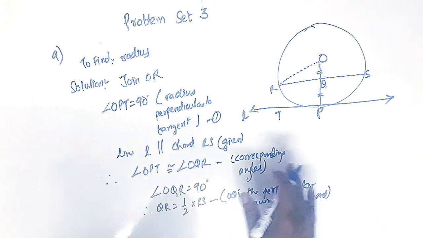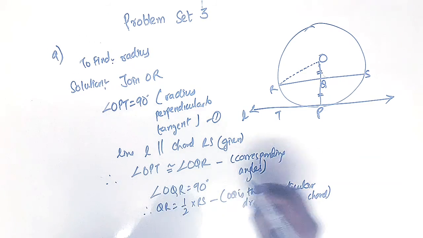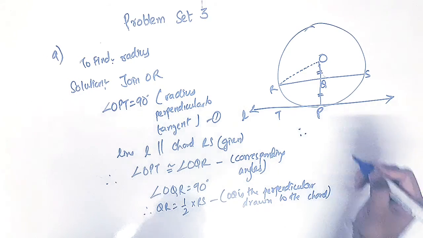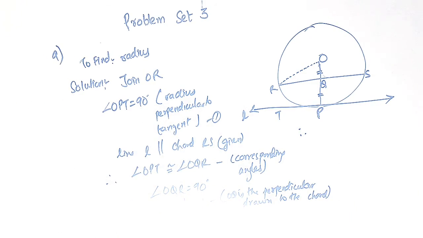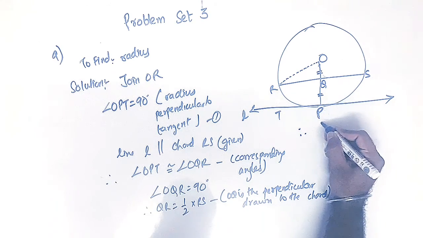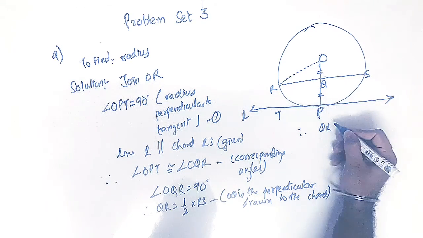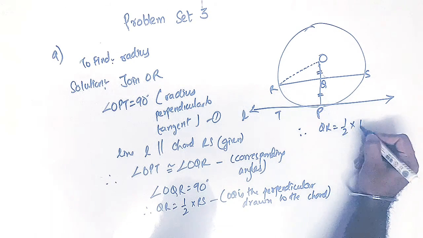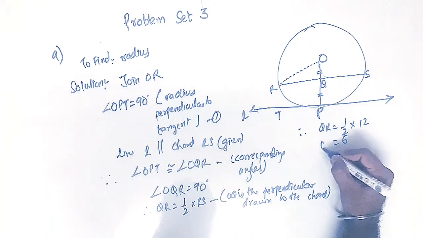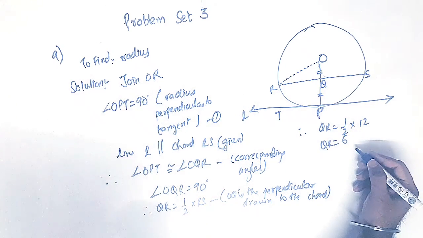Okay, this is the perpendicular drawn to the chord. Therefore QR is equal to half of 12. So QR becomes 6.